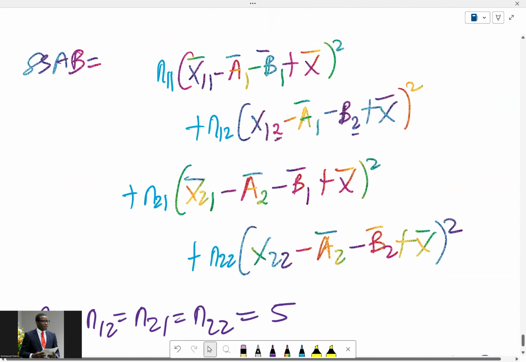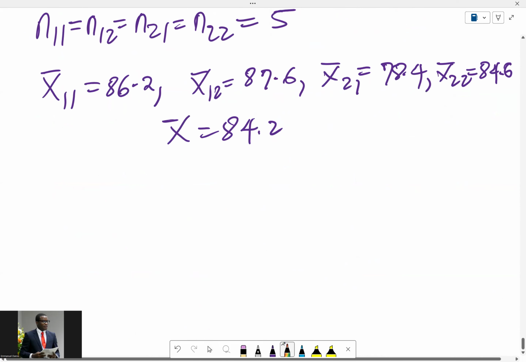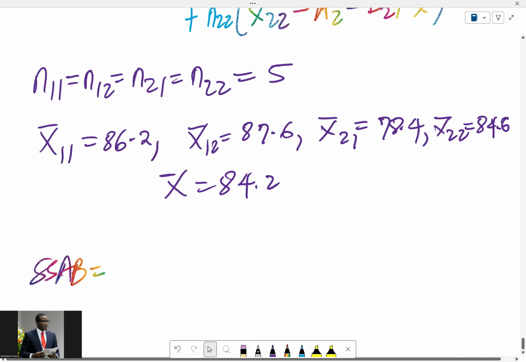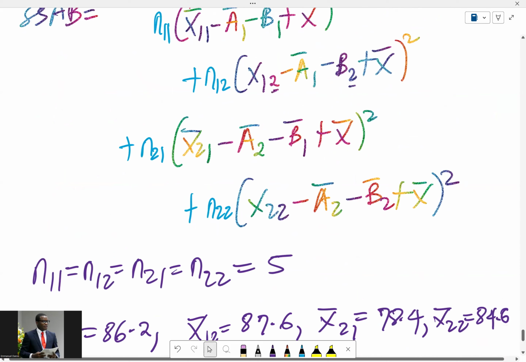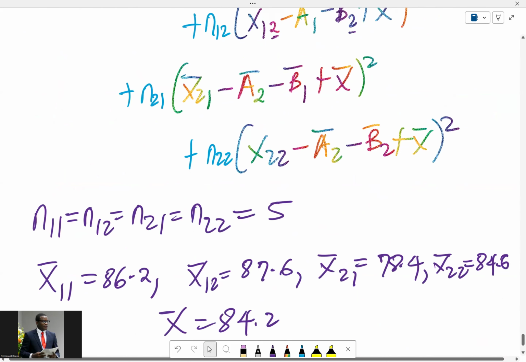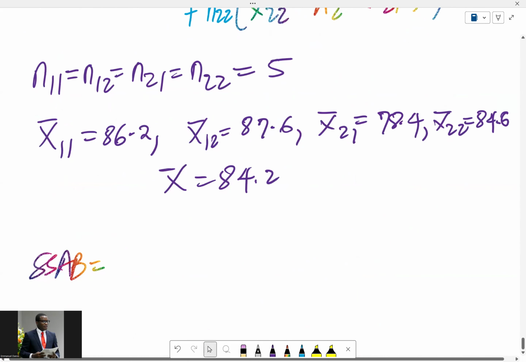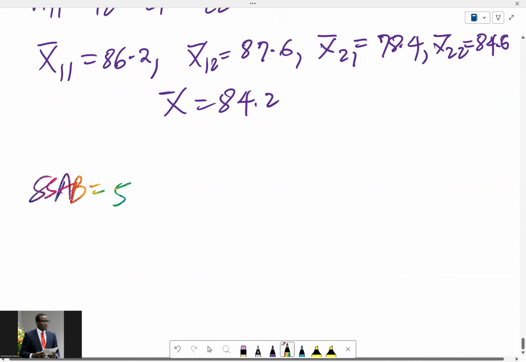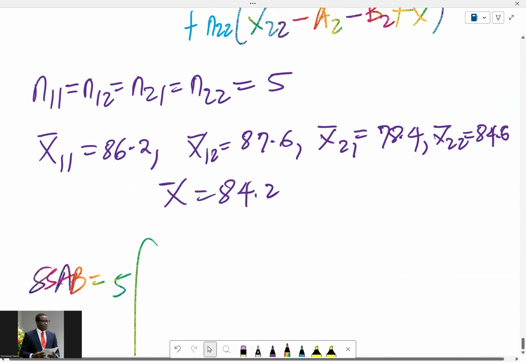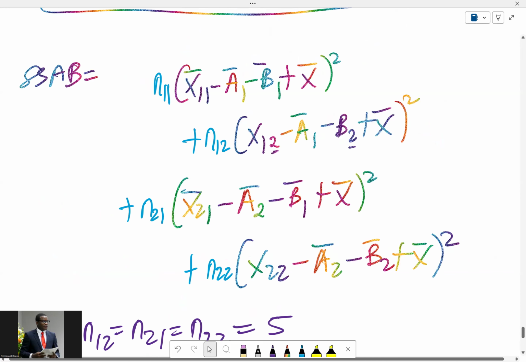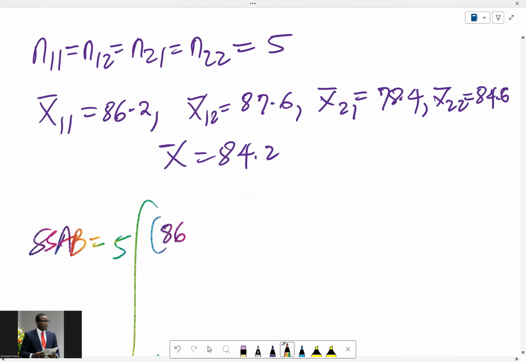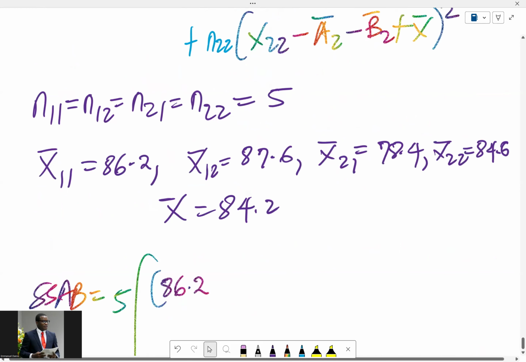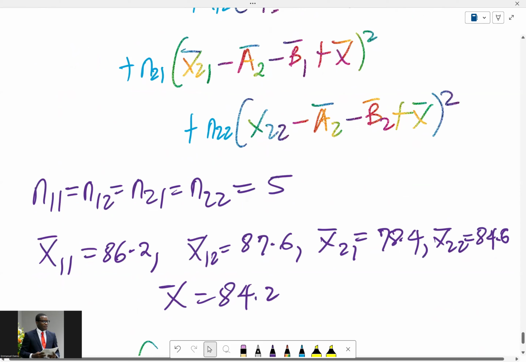It's a lot. So we can now say SSAB. Of course, since everything is 5, we can factorize the 5 out. So all the n11 and everything is 5, so we can just say 5 into, then we start with the first one. x11 bar is 86.2, minus A1 bar.